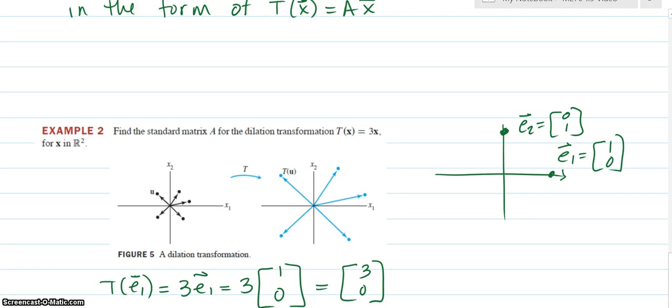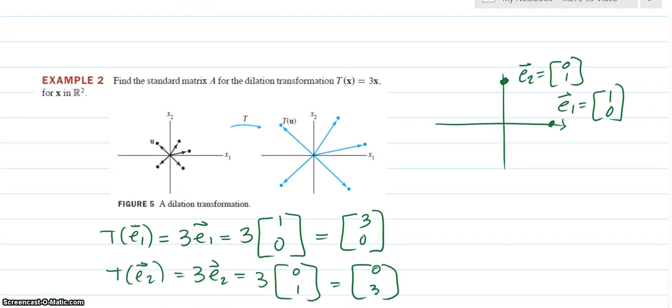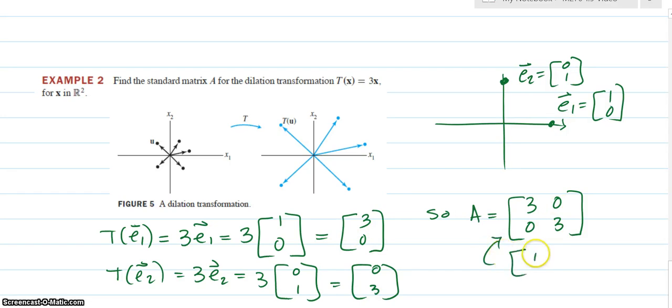And if I look at T of e2, again, using this formula, is 3 times e2. e2 we know is 0, 1, and 3 times it is just 0, 3. So our matrix has T of e1 as the first column, T of e2 as the second one.